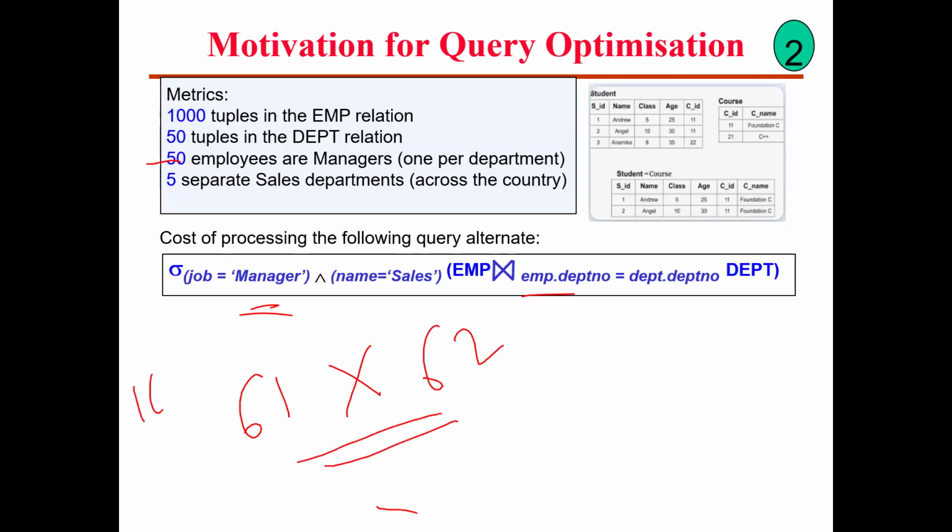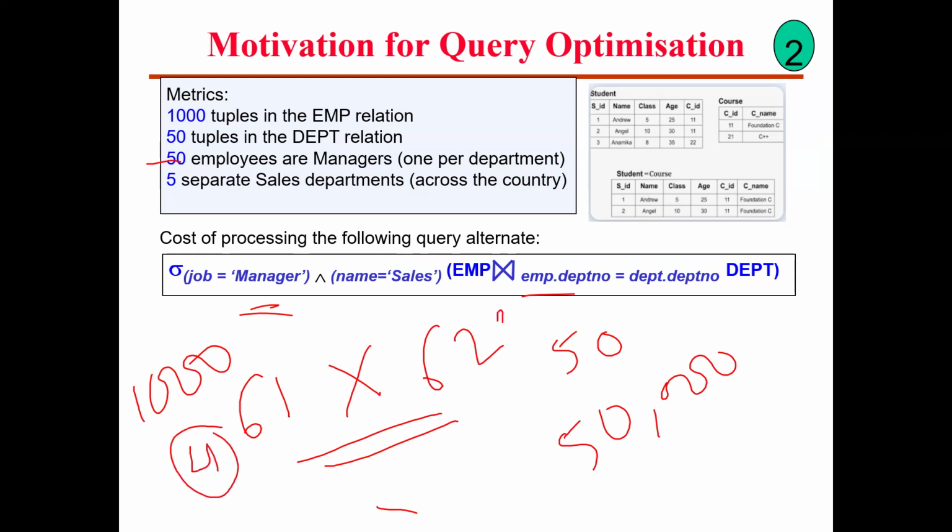If in section 61 there are 1,000 students and section 62 has 50 students, after I cross product them, I will have 50,000. From these 50,000, I have to select, for example, 4 students who got GPA greater than 4, and here 3 students who got GPA greater than 4. I need only to select 7 out of them.